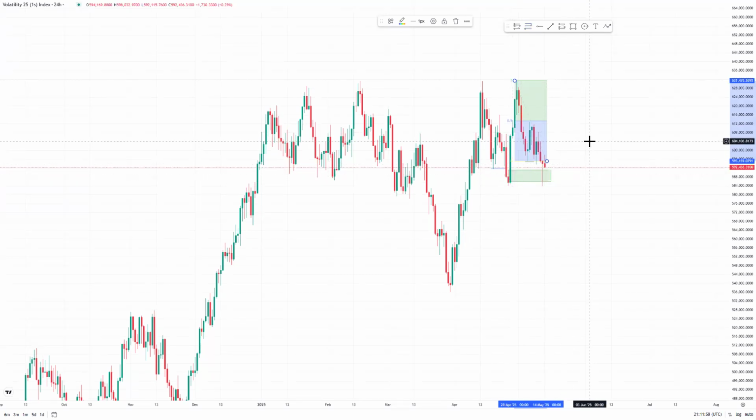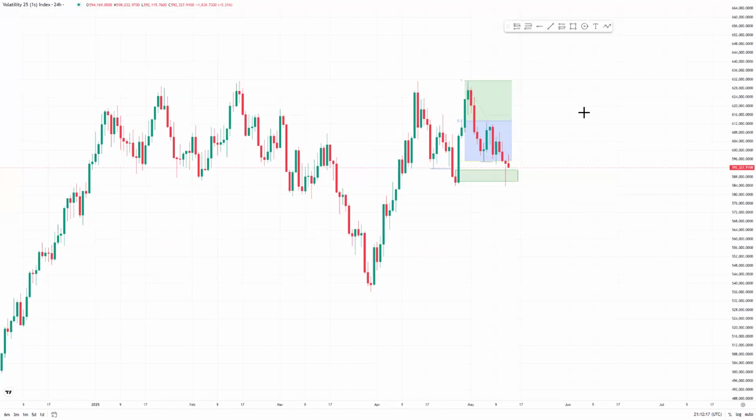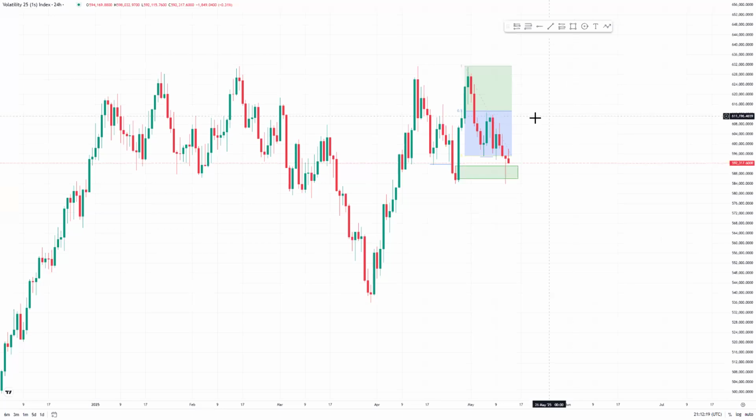What did I always tell you? If you are marking your liquidity, the pullback should tap at least, it should go into this 50% or at least tap it. If you look at this now, did it tap it? It did not even tap it. If you look at it very well, it did not tap it.